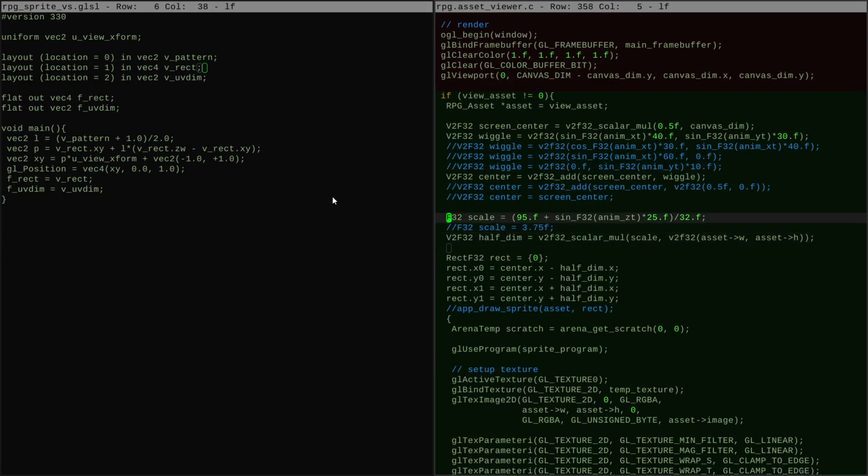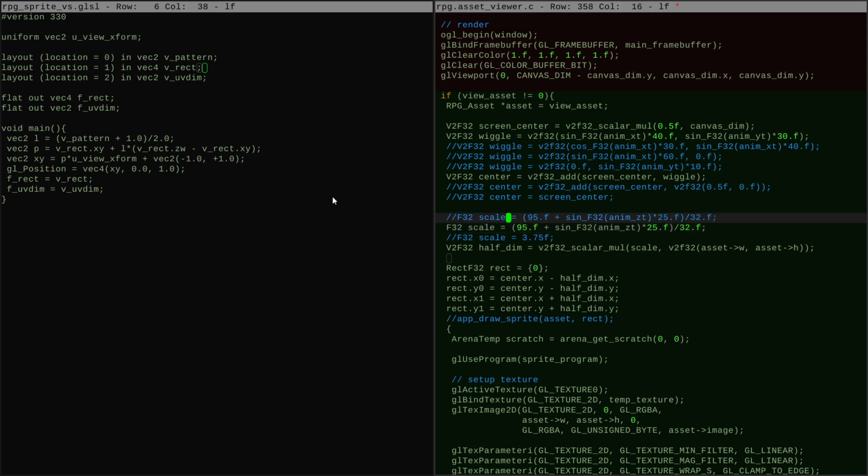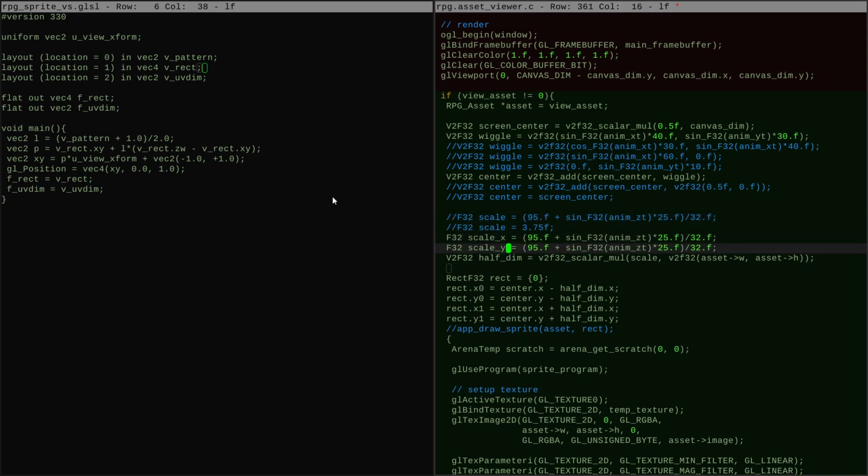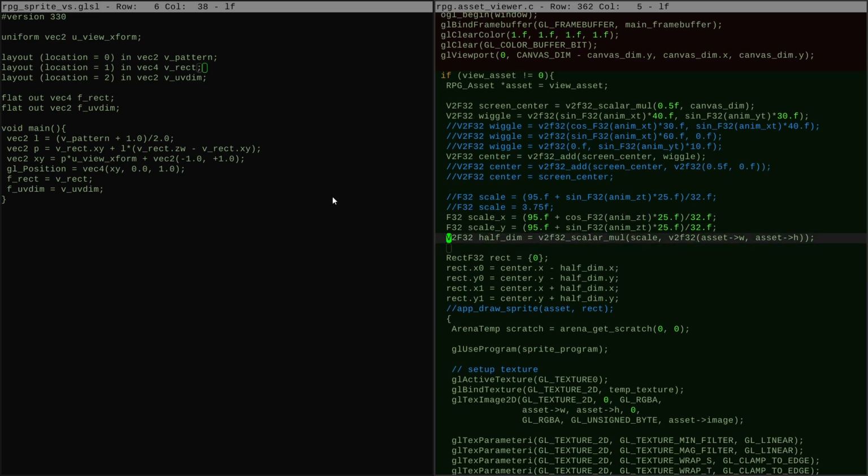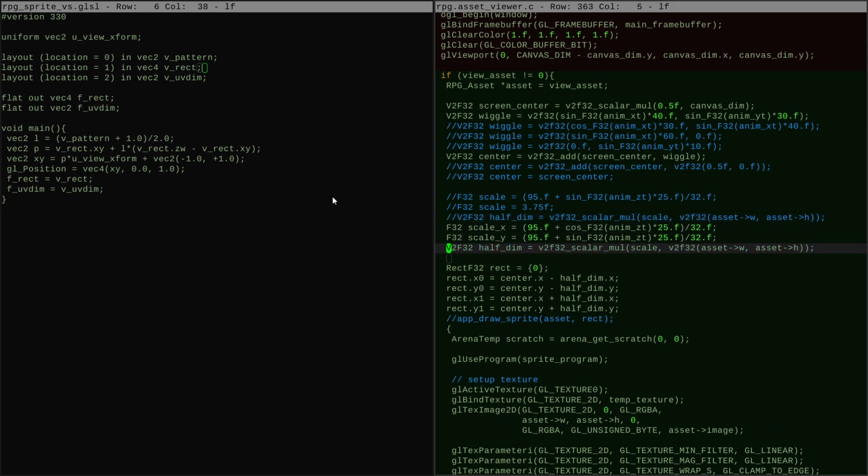So say we had scale X and scale Y going on different parts of the circle there, 110, 110.